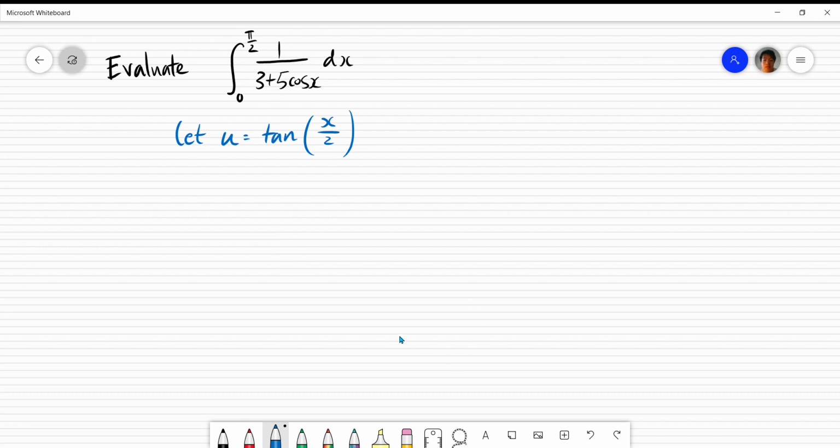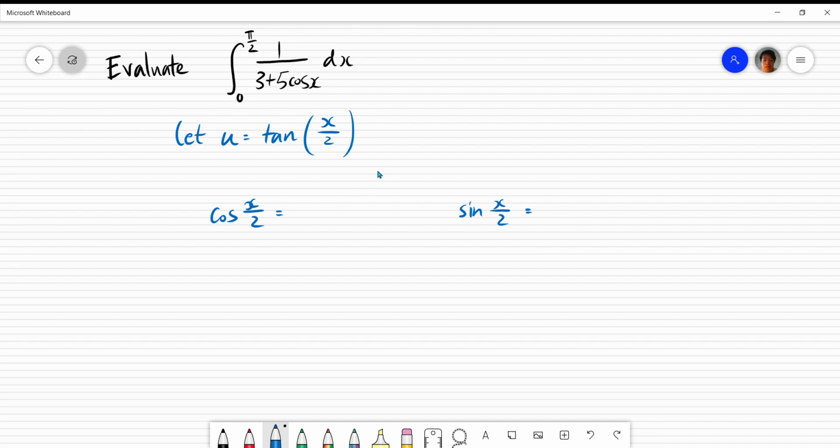Let's try to find a way to get cosine and sine then. So using this, let's try to find cosine of x over 2, and we're also going to try to find sine of x over 2 and see what we get.